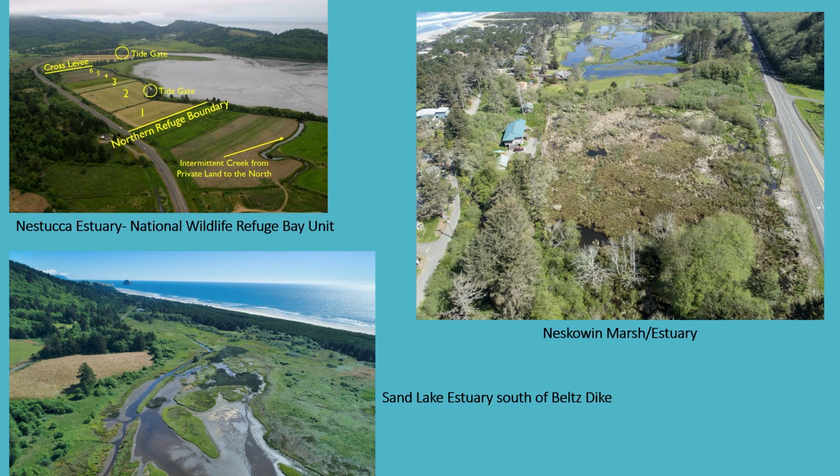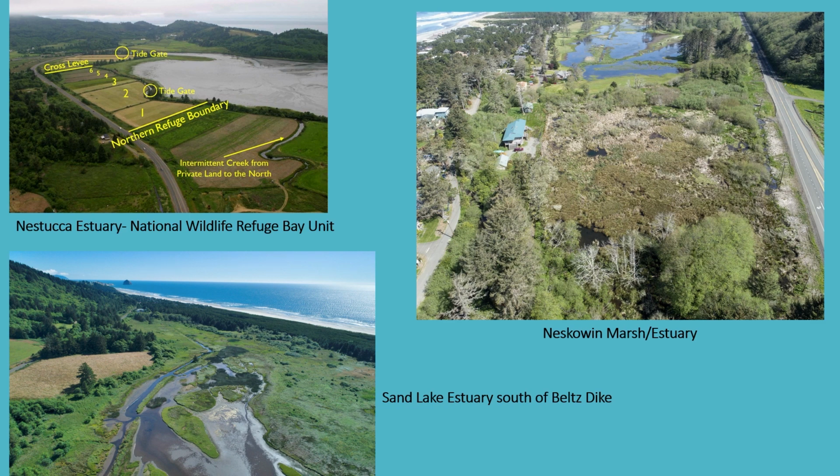So these projects often include the removal or breach of dikes to restore historic off-channel salmonid habitat. They also improve estuary water quality and restore vegetation communities that are native to our region.